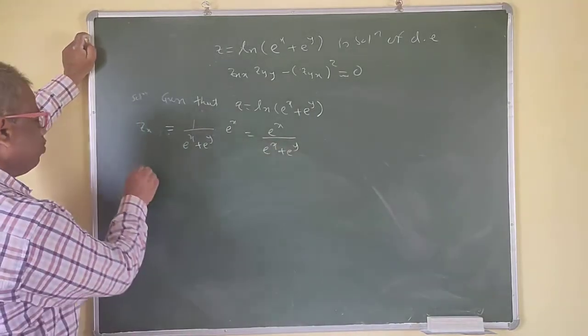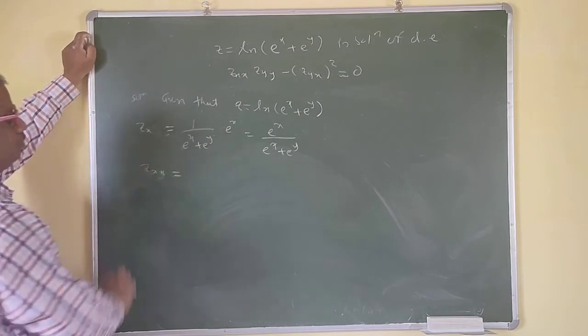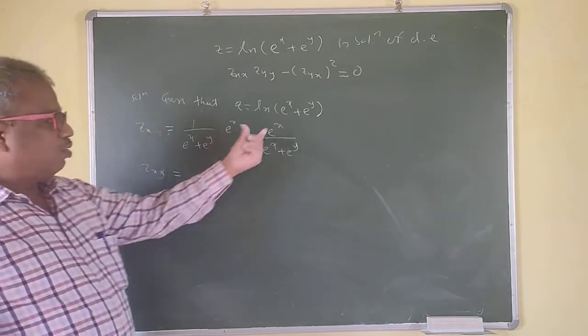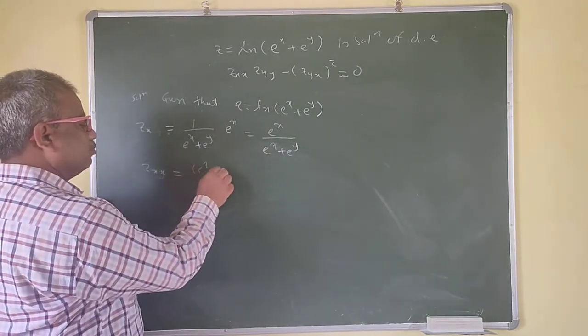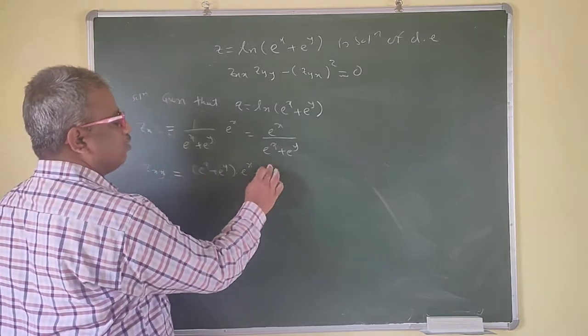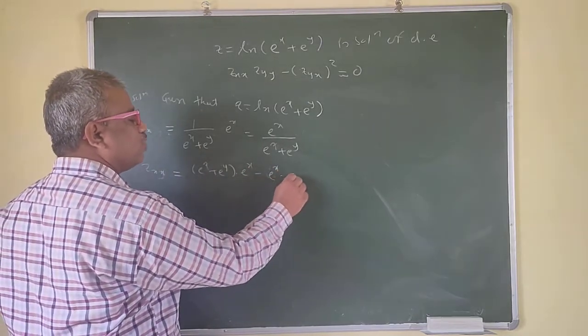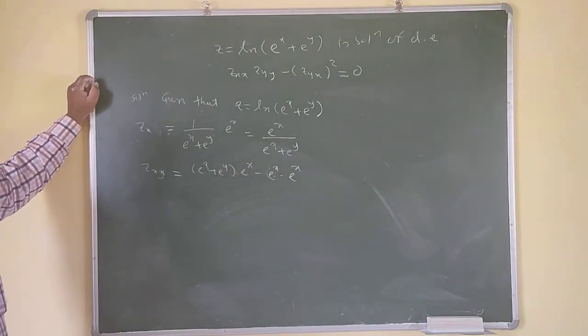You have to apply the u by v rule now. So numerator, denominator. Denominator as it is into derivative of numerator minus numerator as it is into derivative of denominator. The derivative of the denominator is e raised to x.